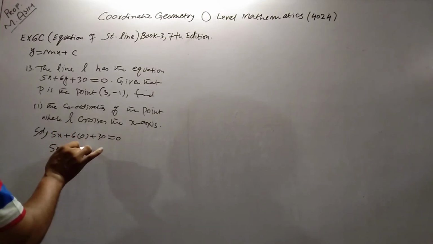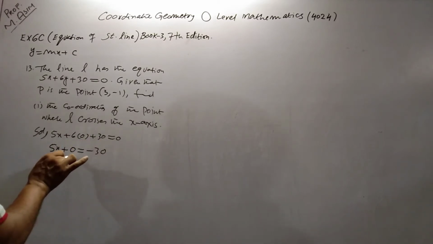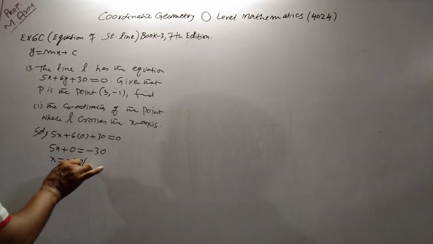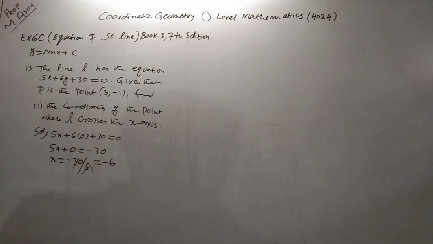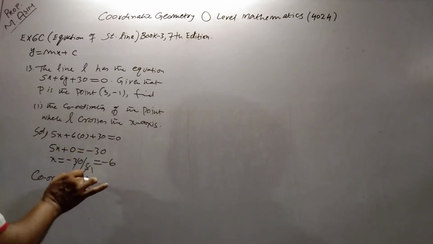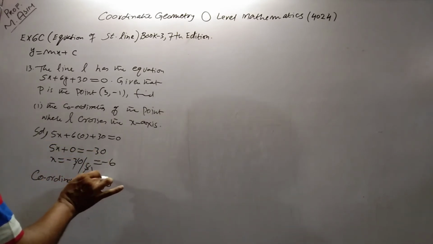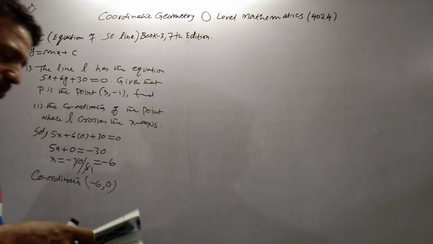Move this 30 to the other side, minus 30. So x is equal to minus 30 over 5. 5 6s are 30. The value of x is minus 6. Hence, the value of x is minus 6 and the value of y is 0. Answer is (-6, 0).